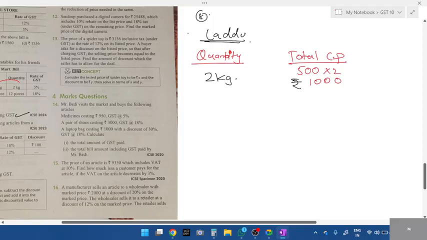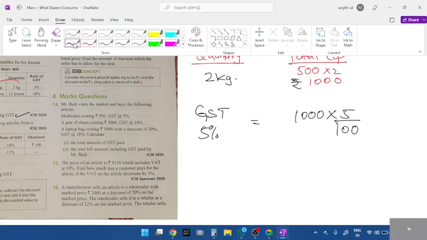So the calculation should be like this, right? For laddu, write quantity 2 kg, total cost price 1000, GST amount, GST is equal to 5%. That is equal to, how do you calculate GST, students? 1000 into 5 divided by 100.